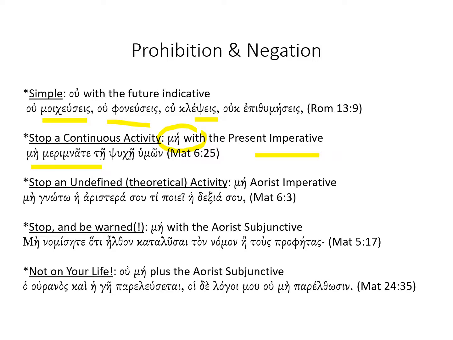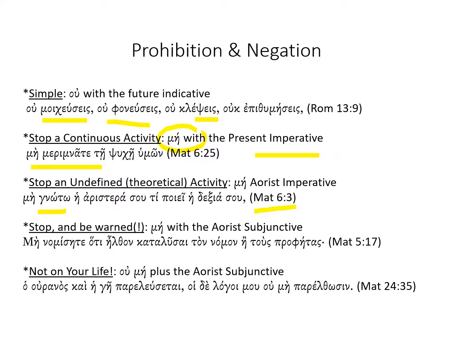Just present imperative. If we're thinking about an undefined or theoretical activity, the aorist imperative might be involved. Do not let your right hand, Matthew 6:3, know what your left hand is doing. And here's our imperative. Just this theoretical kind of an idea, the aorist imperative.